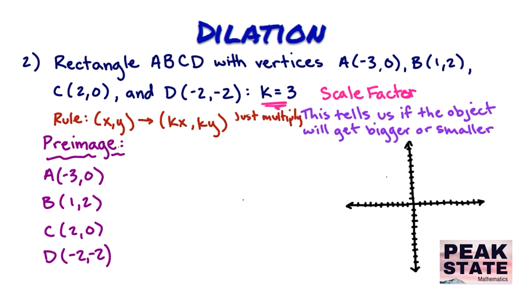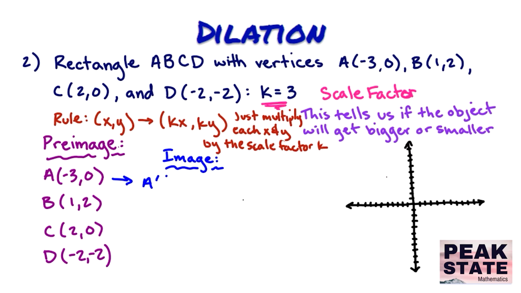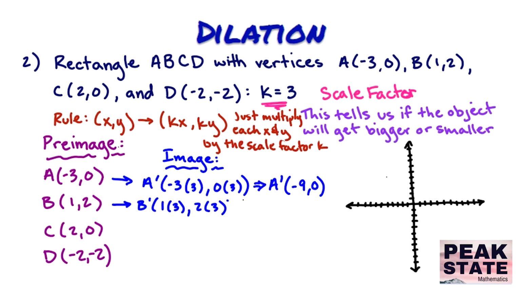So our general rule for all of these dilations is going to be your (x, y) going to (kx, ky). You're just multiplying each part by your scale factor. And so if we do that here, we'll find our image is going to land at -3 times 3, comma 0 times 3. In other words, our A prime is going to go to (-9, 0), because we multiply both parts by 3.